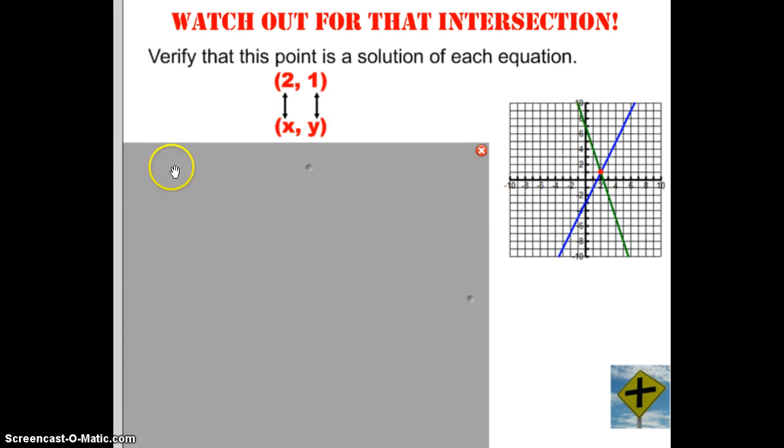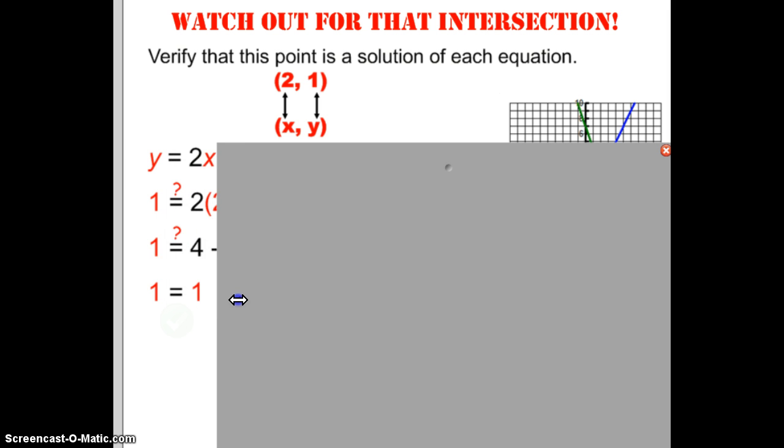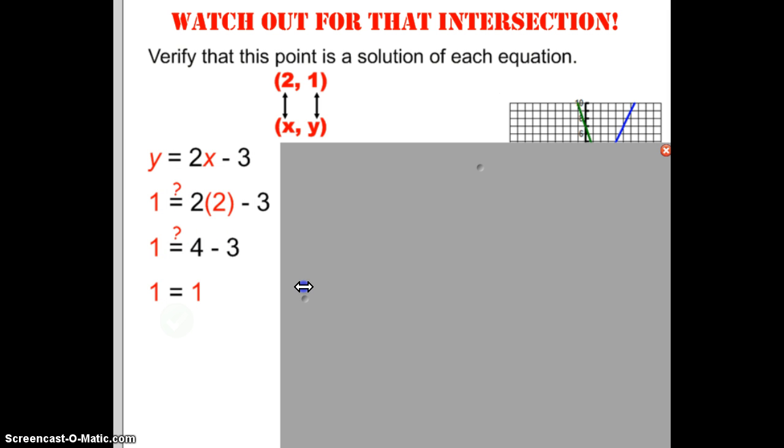Now what this means for the problem is that when x is 2 and y is 1, we have equations that are equal. So if I plug 2 in for x and 1 in for y, I get 1 equals 1. My y value equals 1. 2 times 2 is 4, minus 3 is also 1.